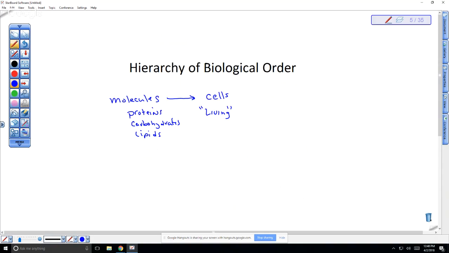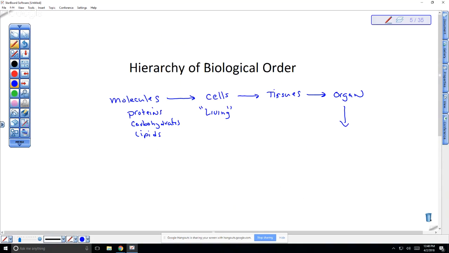Then from cells, we go to tissues. And so we could talk about cells that have a very similar structure and a very similar function. So we could talk about muscle tissue. We could talk about epithelial tissue like your skin. And then the next level is the organ level.